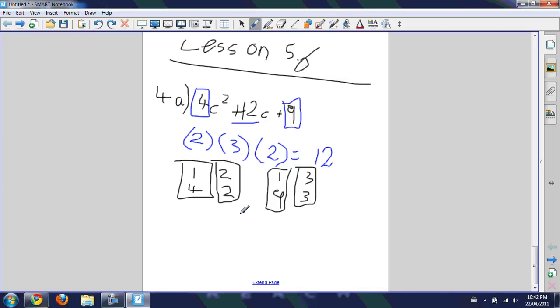So just by looking at it, I can tell that it will be that and that. This and that. So equals 12. That is a plus sign, not that.